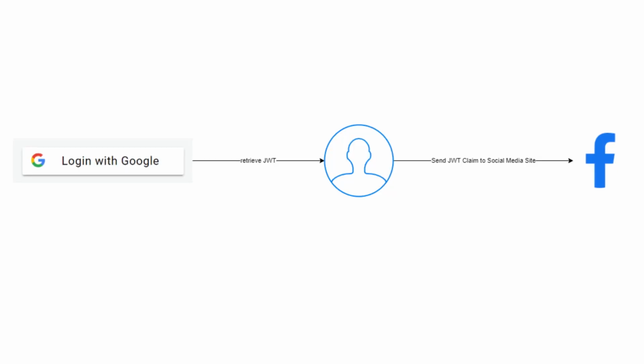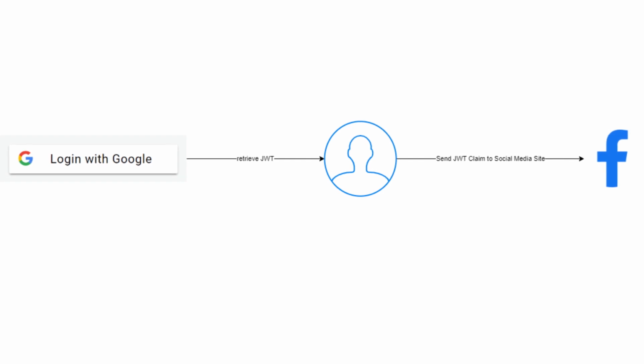use a particular service. In another scenario, sometimes the client may need to pass a JWT to a third-party verifier in order to prove their identity exists in the issuer or the server. For example, proving to a social media site that you do in fact have a Google account.